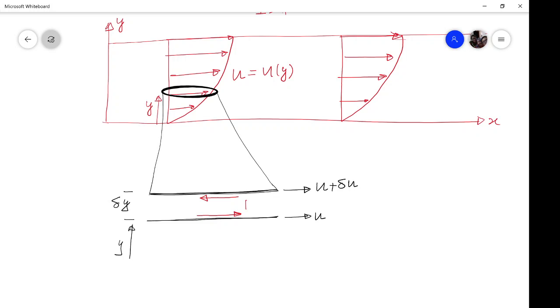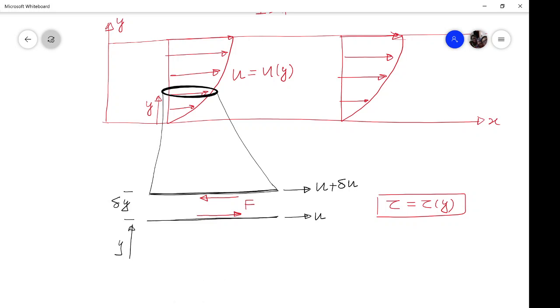So a sort of shear force comes into play, and due to this we can say that a shear stress field is also generated in the flow because of the variation in the velocity in the y direction. So we can say a shear field is there which can be represented as a function of y. How does this constitutive relationship come into play?